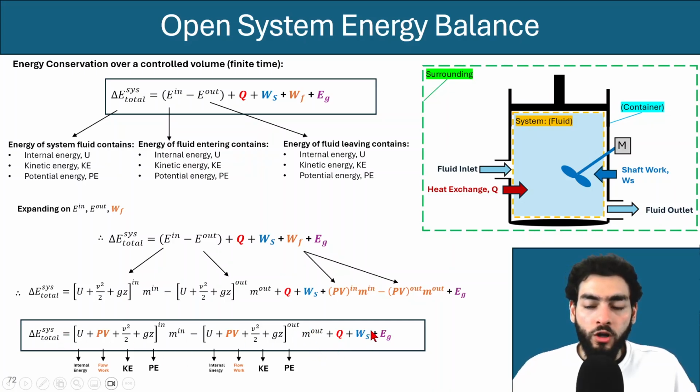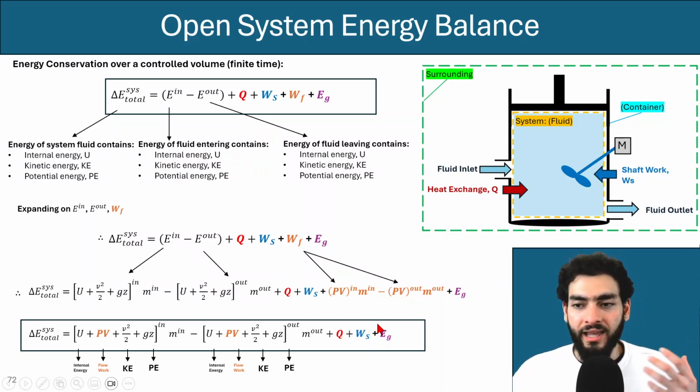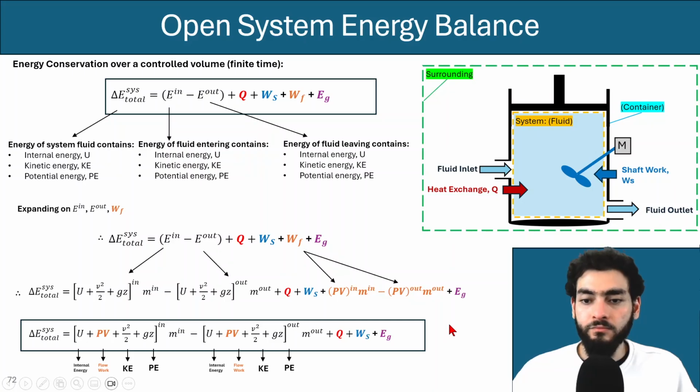Now, to account for all of the energy balance, you must not forget these three terms at the end: the heat added or removed from the system, plus the shaft work, if there is any, plus any generation of energy inside the system due to electrical, nuclear or a chemical reaction, for instance.